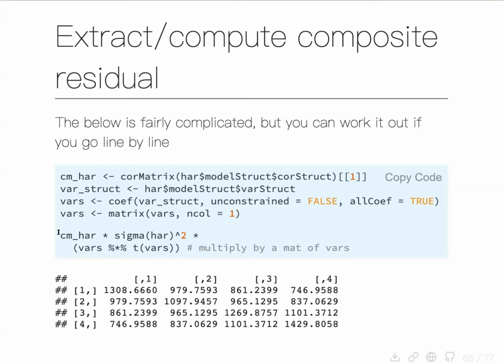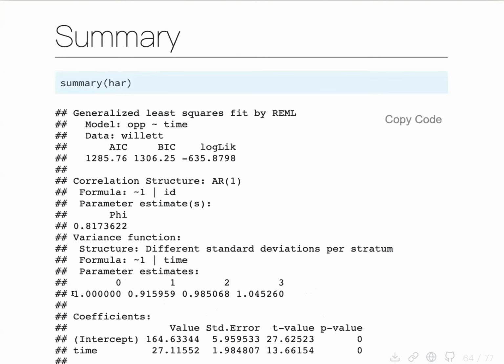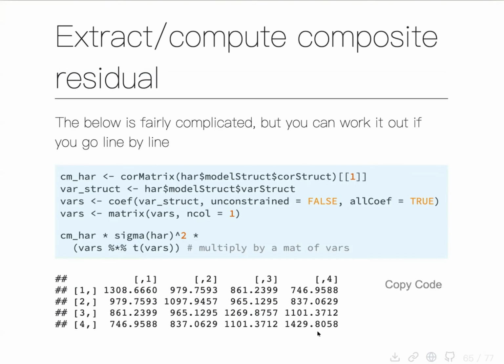Basically, this is a correlation matrix. We're multiplying that by sigma, and then we have the variances here. So we have these coefficients, which are the weights for each of them. If we go back here, that's what's giving us the different variances. And so we end up with a variance covariance matrix that looks like this.